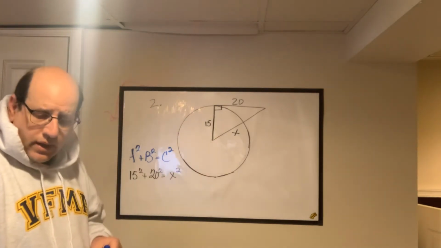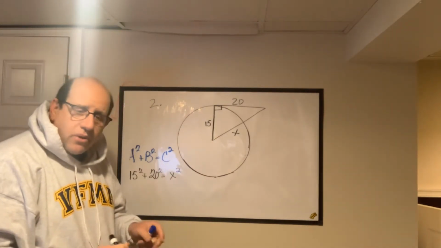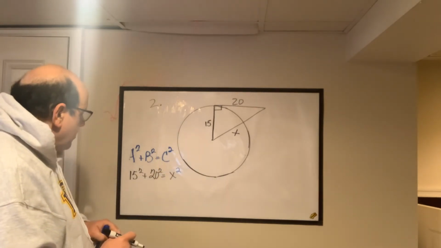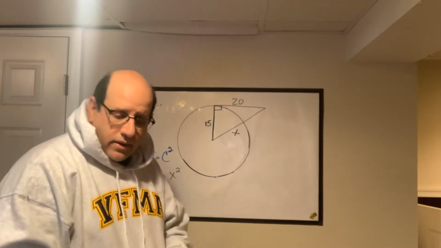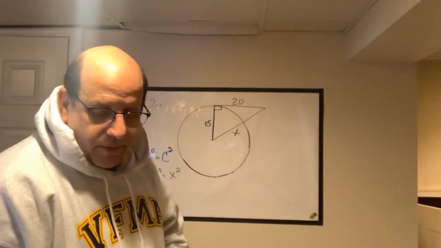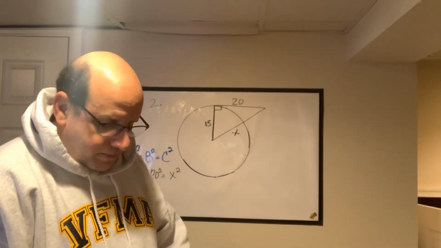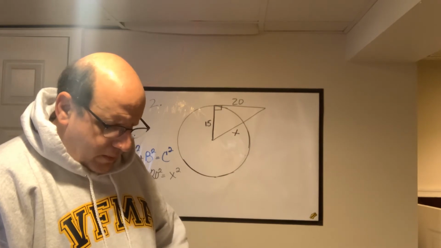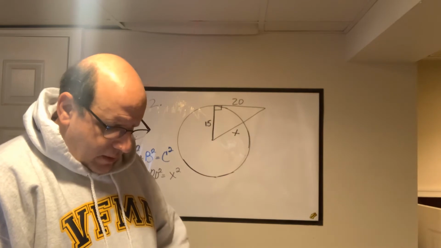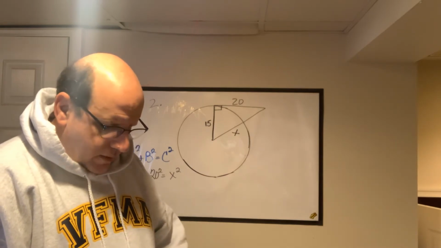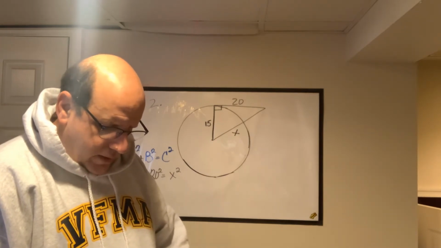Now, I don't have my phone or my calculator handy, but I might know off the top of my head, 325 if I'm not mistaken, but that's okay. I'll go ahead and find a calculator here.